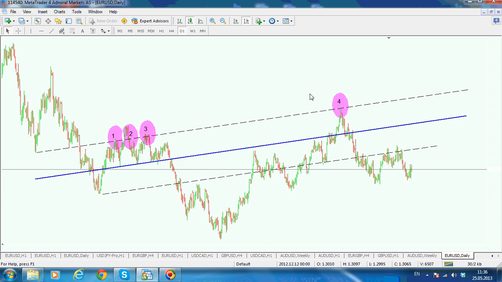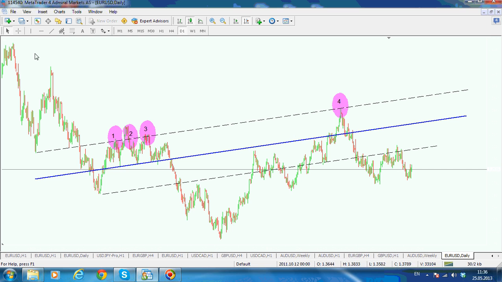The 50% line is quite important because price, after being rejected here as resistance, finds support, broken. Then almost there, resistance, broken, traveled here, and then rejected to the downside.